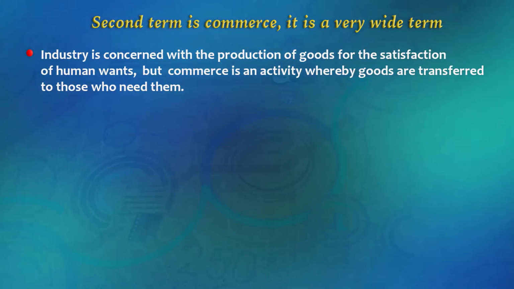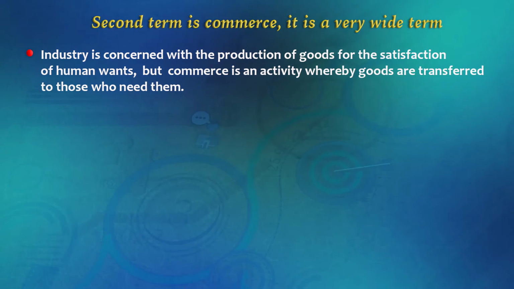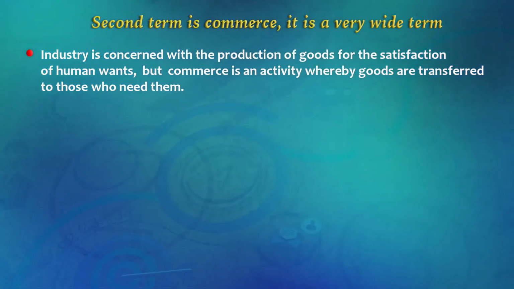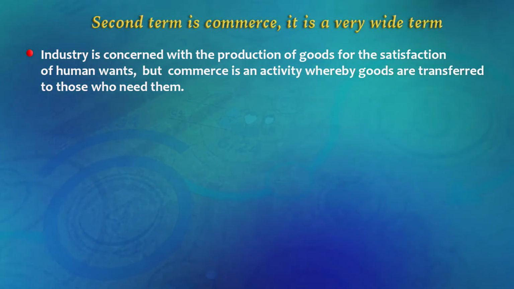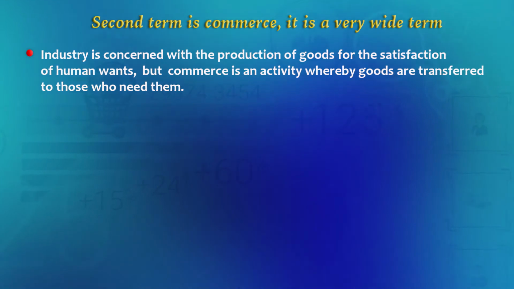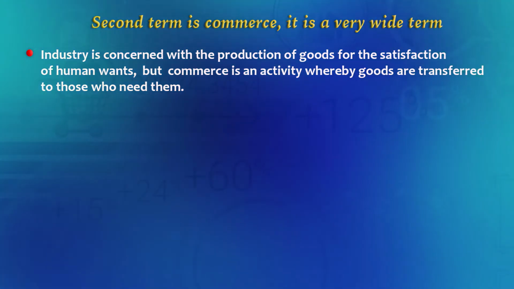The second term is commerce. It is a very wide term. As industry is concerned with the production of goods for the satisfaction of human wants, commerce is an activity whereby goods are transferred to those who need them.